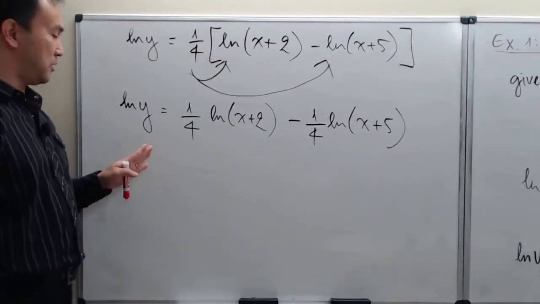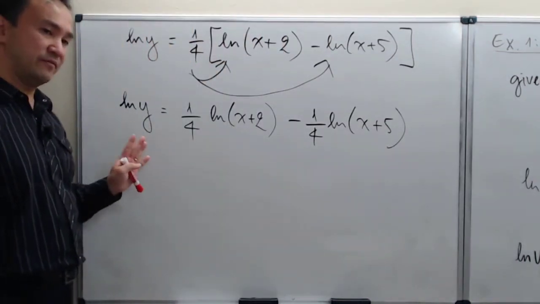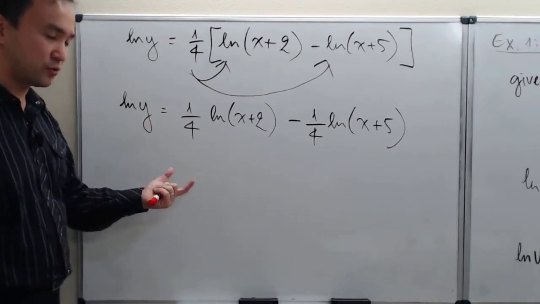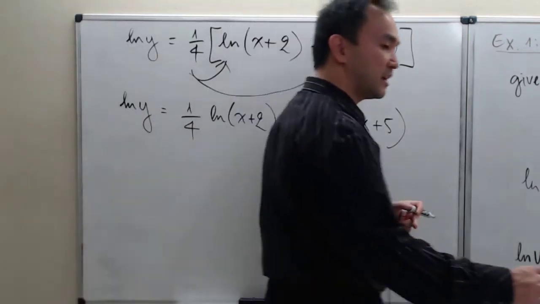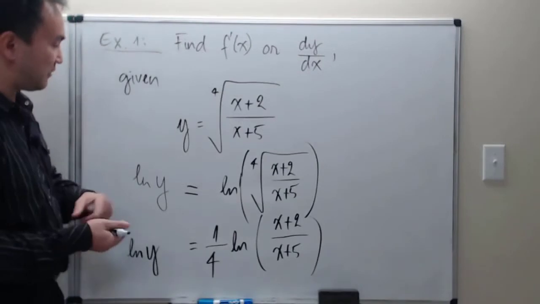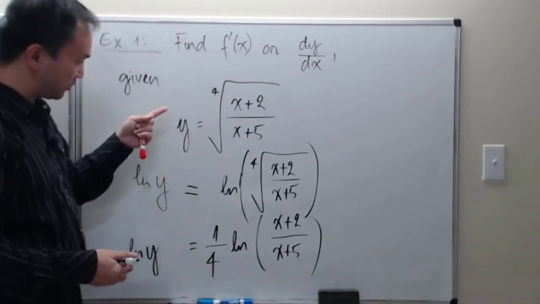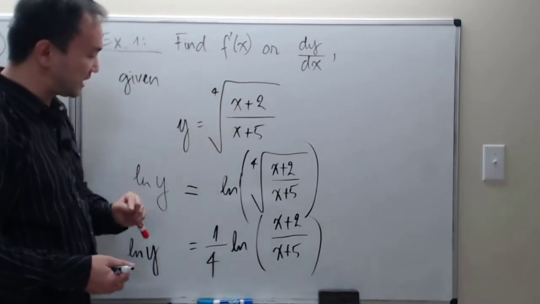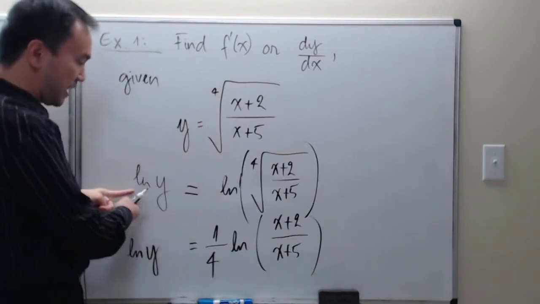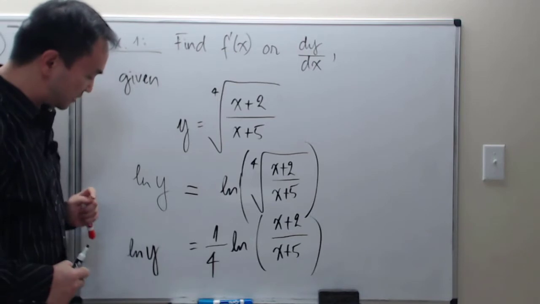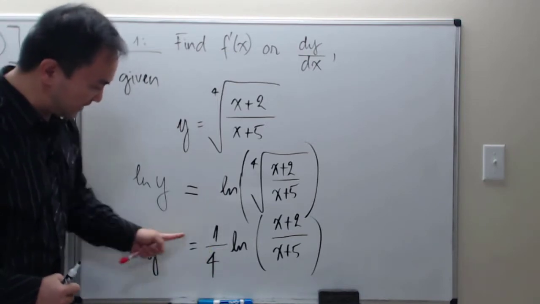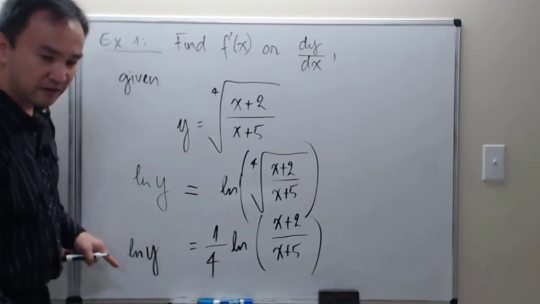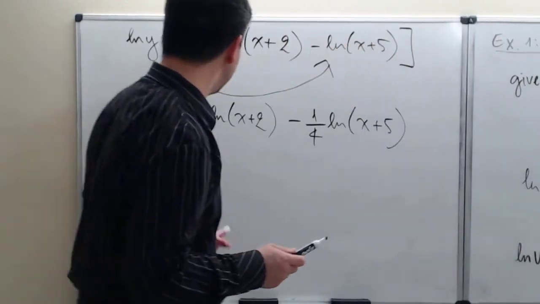Okay, and so this is not our derivative yet, but what we have done is turned our function from the beginning, which was admittedly written as an equation, y equals fourth root of all that x plus 2 over x plus 5, and applied the logarithm operations on top of that, and then further breaking it down.